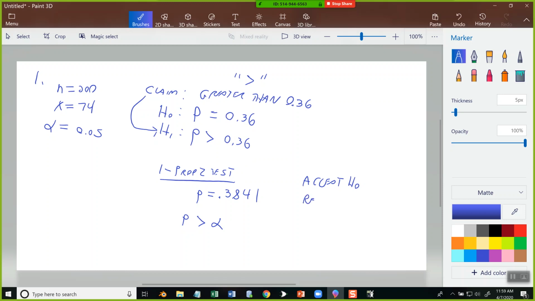Remember, H naught and H1 are opposites of each other, so if I accept H naught, that means I reject H1. And since our claim matches H1, whatever we say about H1 is what we're going to say about our claim. So we'll reject our claim. And all that would be your answer.